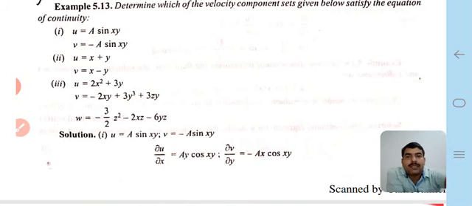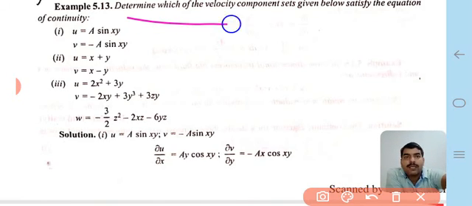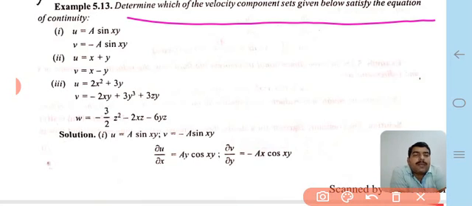Determine which of the velocity component sets given below satisfy the equation of continuity. There are three parts in that question. The first one is u is equal to a sin xy, v is equal to minus a sin xy.